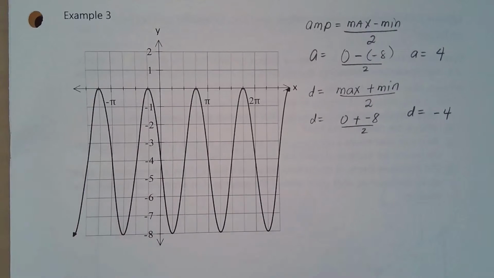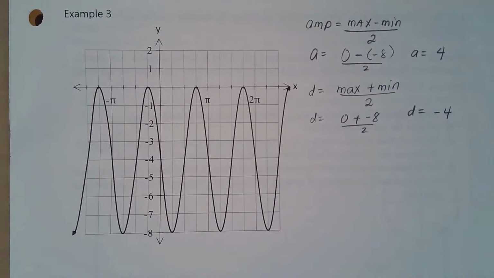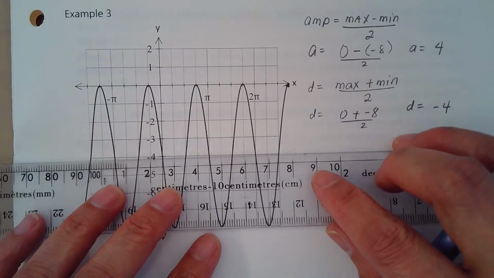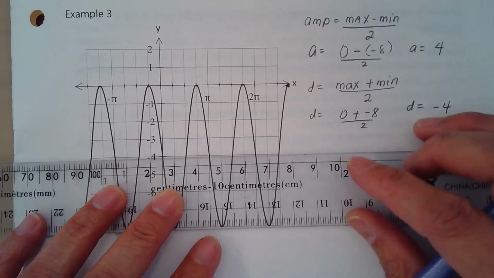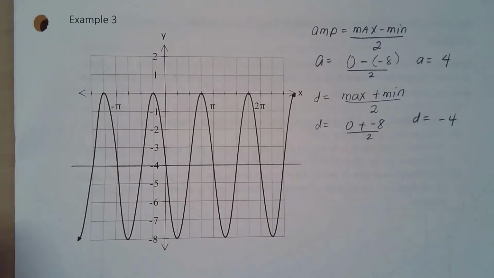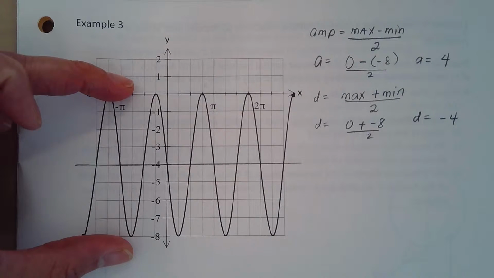Then let's go back to the picture, because we want our equation to match what the picture says. Our median is at negative 4, which is right here. That is in the middle between maximum and minimum. That's what the median is.